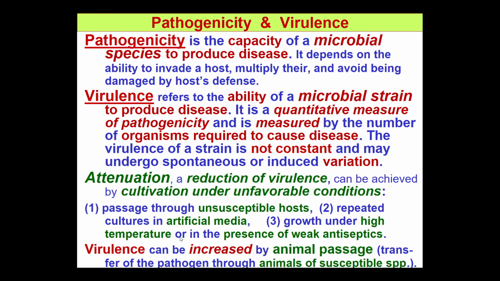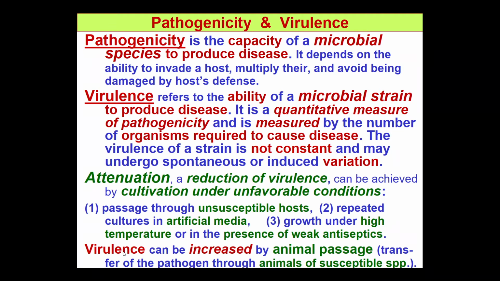High temperature, more than 40 Celsius, and presence of antiseptics in growth media may also cause attenuation. It means weakening of the virulence of the strains that undergo this attenuation. These are things associated with the lowering of the virulence.